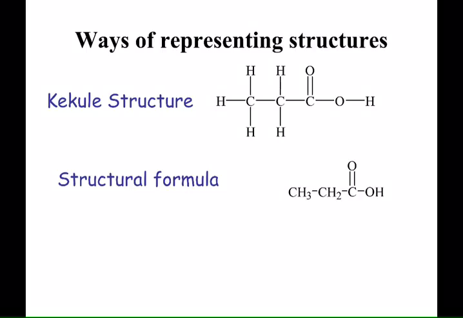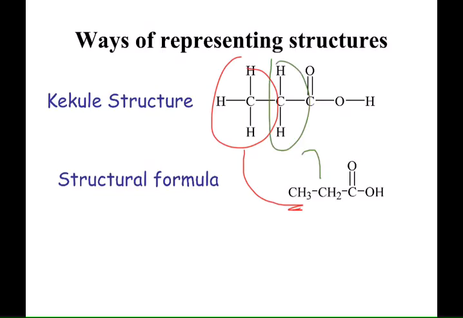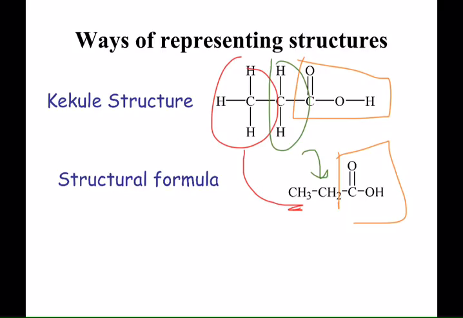So the first group, the CH3, is balled up here. This CH2 is right here. And then we still need to maintain this structure right here. So it's the same thing.